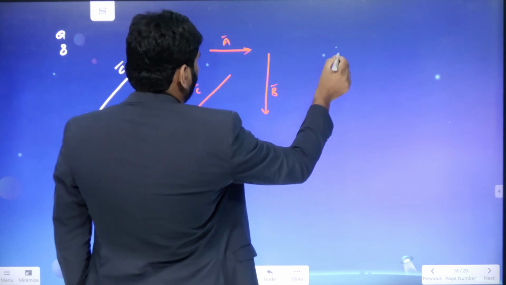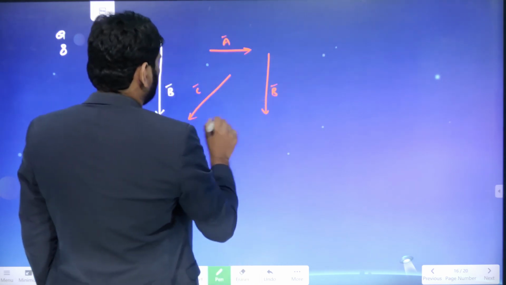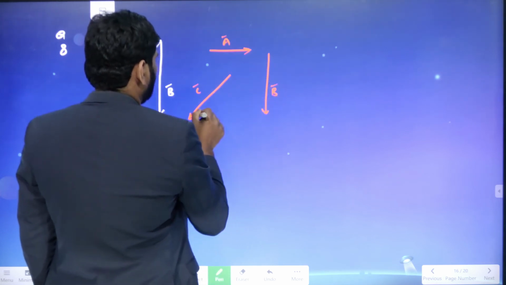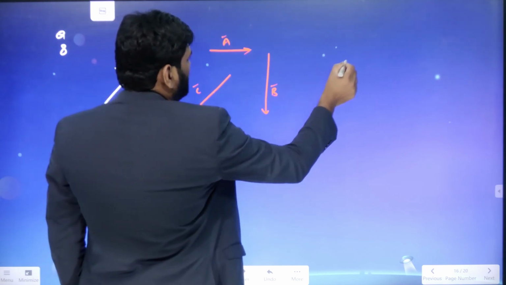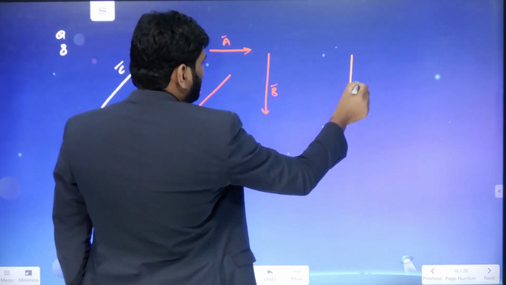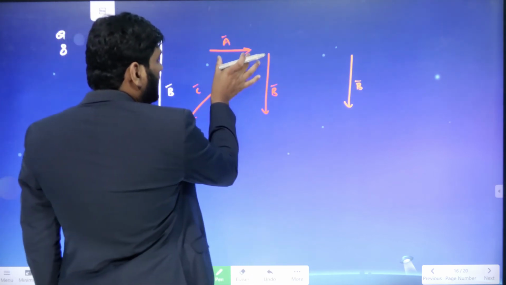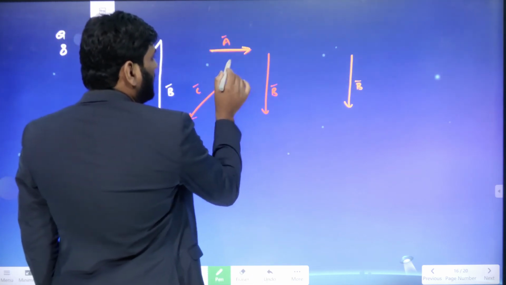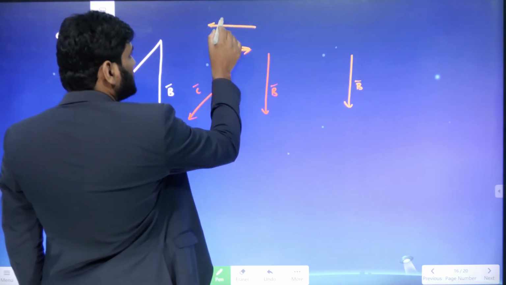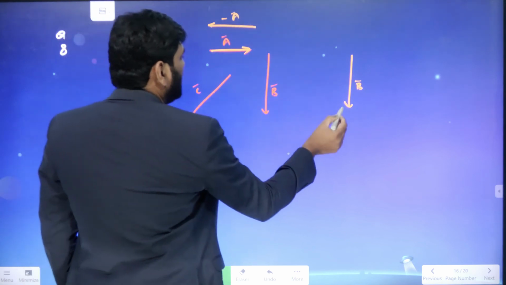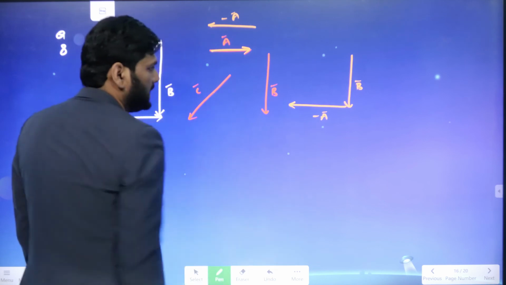C bar you can take as the first vector, or else B bar you can take as the first vector. Okay, B bar is the first vector. Now I will take this A bar actually. The reverse of this A bar is nothing but minus A. Now I will take it in a reverse manner.